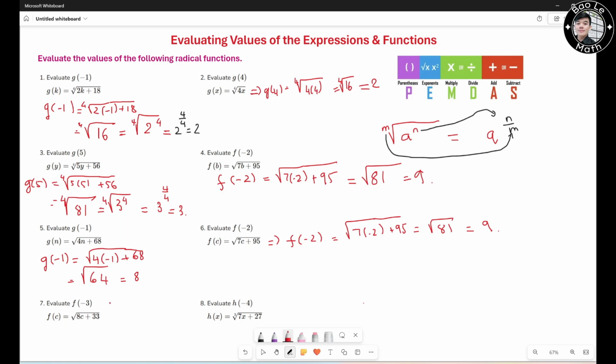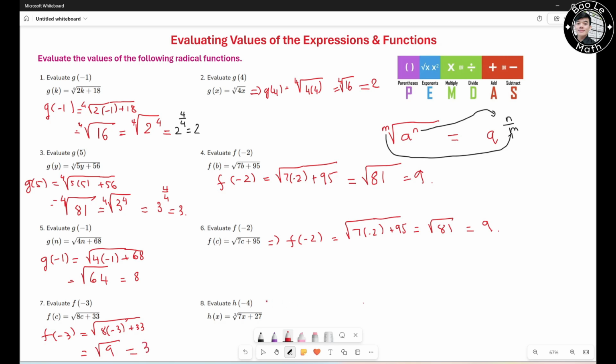Now question 7. F of negative 3 is square root of 8 times negative 3 plus 33, right? 8 times negative 3 is going to be negative 24. Negative 24 plus 33 is going to be 9. So square root of 9 is 3.